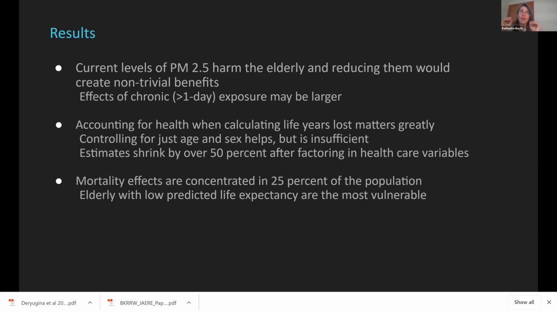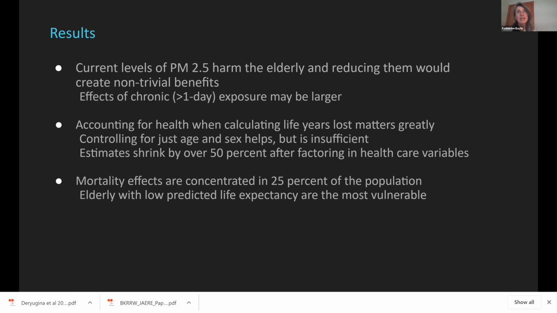But the effects overall are still big enough that it would probably make some sense to reduce pollution further. They note that a big caveat is that they're looking at very short-term exposure, so changes in exposure from changes in wind direction, and probably the effects of chronic exposure are much larger, and they can't really speak to that.